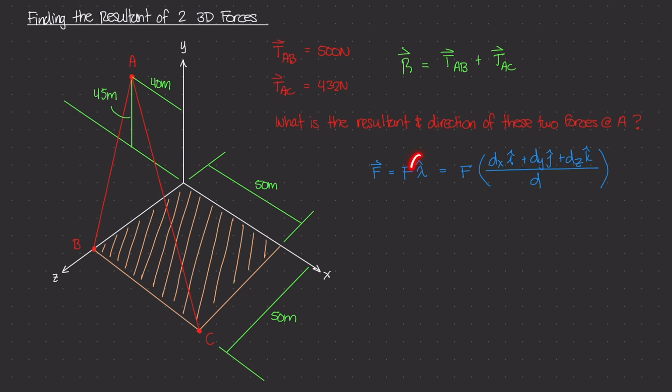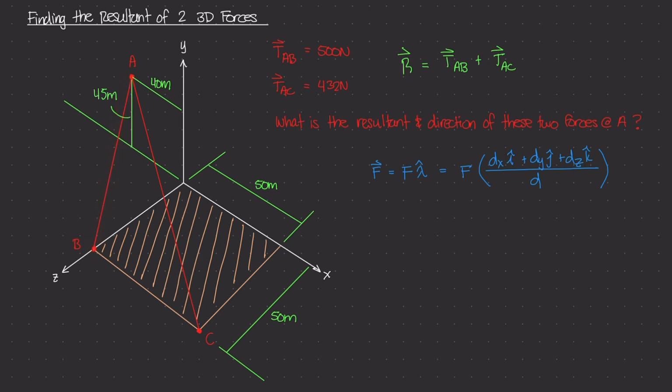Now remember, the unit vector lambda represents the direction or the orientation for that force's line of action. So if we're looking at TAB, which is this line right here, so you have force TAB going along this line of action from point A to point B, we essentially need to know how this line AB is oriented in 3D space.